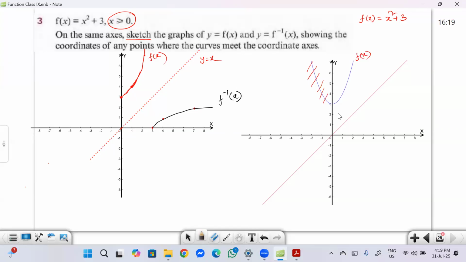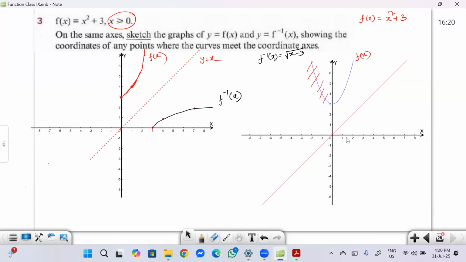Again, in drawing the inverse here, you need to know what the function of the inverse is, because otherwise the software will not be able to interpret it. So it should be the square root of x minus 3. Correct.